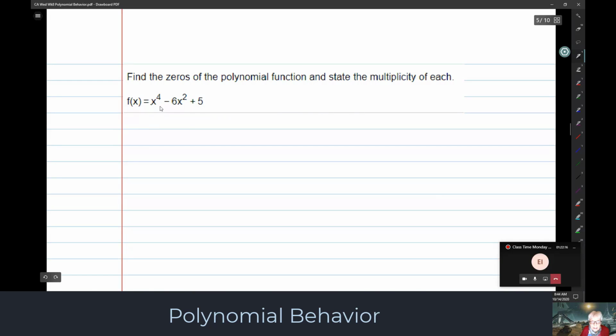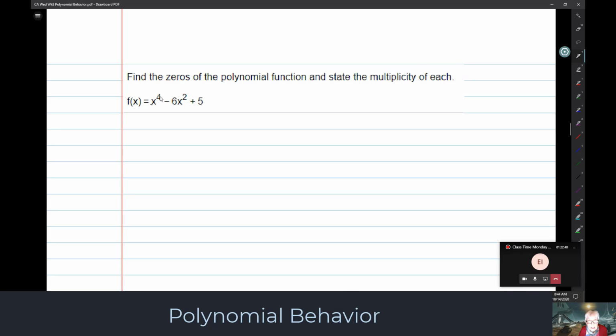Here we have x to the 4th minus 6x squared plus 5. This is a quartic, okay? It's not a quadratic. It's not a cubic, it's a quartic. And this is one of those rare situations where you've still only got 3 terms, so it's a trinomial.